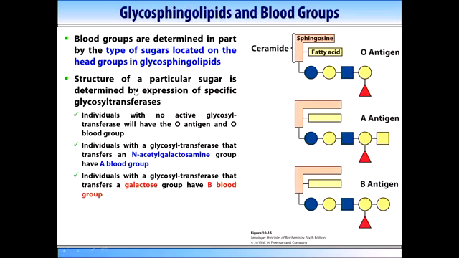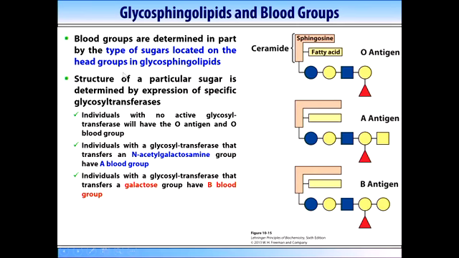Okay, so we talked about glycerophospholipids as the most abundant class of structural lipids in cellular membranes, and sphingolipids. Now glycosphingolipids, which are important from the point of view of blood groups. Blood groups are determined in part by the type of sugars located on the head groups of glycosphingolipids.